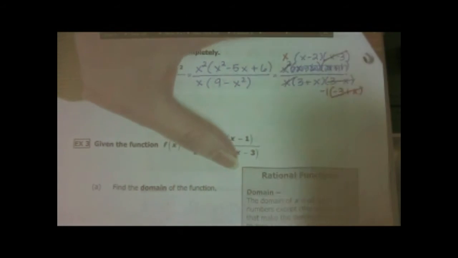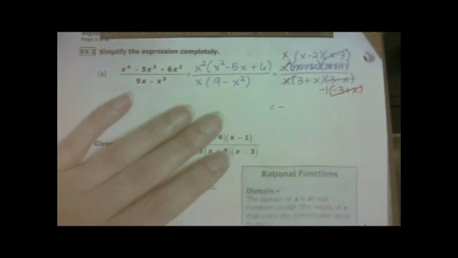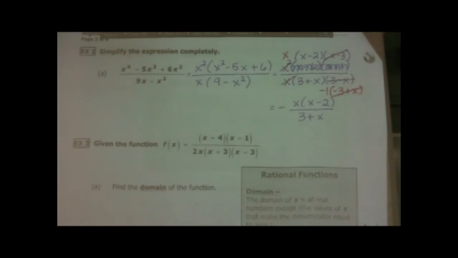This you can cancel. But what was left here is the -1. When you have a negative left over, the best thing to do is put it in front of the entire fraction. Don't put it in the numerator, don't put it in the denominator. Put it in front of the entire fraction. So it looks like this. Negative. On top, we've got x times x minus 2 over 3 plus x.